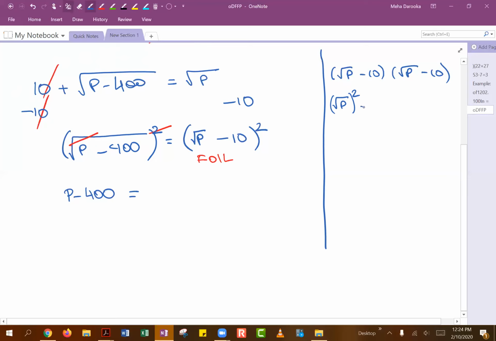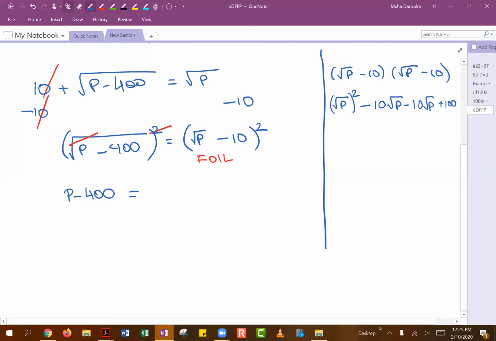That's the O, so that's negative 10 square root of P. Then the I will be this negative 10 multiplied with this square root of P, which will also give us negative 10 square root of P. And then the last would be negative 10 multiplied by negative 10. 10 times 10 is 100.